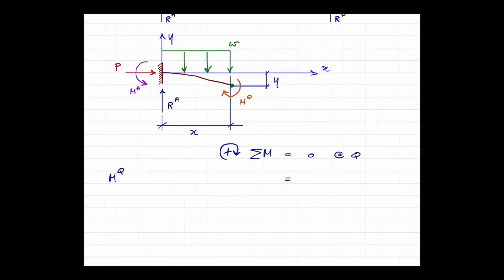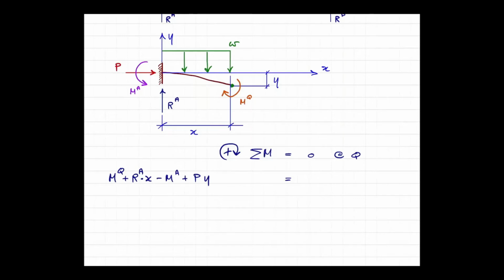We have RA times x. We have minus MA. We have plus P multiplied by y. We will come back and fix the sign, and neutralize the sign in a bit.